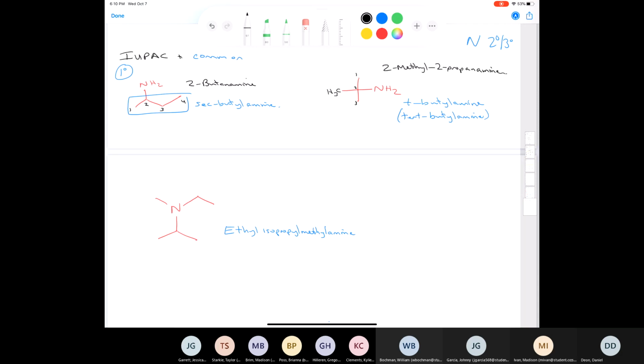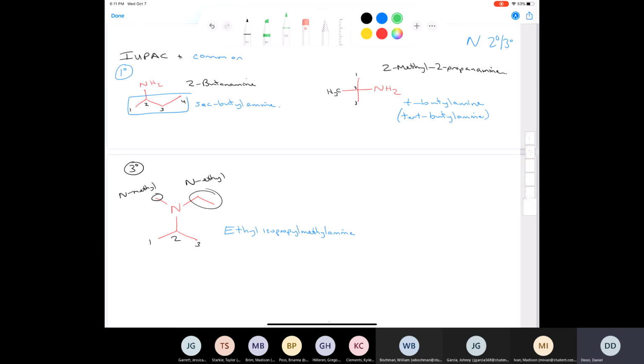And then for our IUPAC name, again, we find the longest carbon chain, which would be 1, 2, 3 carbons like this. Remember, this is a tertiary amine, and so we have an N. On this side, we have an N-methyl, and over here we have an N-ethyl. Those 1, 2, 3 carbons are the longest unbroken straight carbon chain in the molecule, so this would be some kind of 2-propanamine derivative.